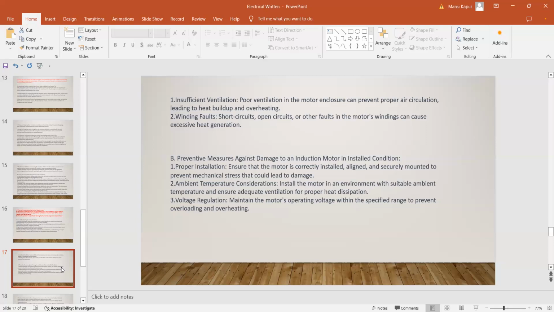Preventive measures against damage to the induction motor. So what all things can you do so that your motor will not get damaged? Proper installation: ensure the motor is correctly installed and aligned. Obviously, alignment is also a problem, especially with horizontal pumps, right? If they are not properly aligned, the motor is going to get overloaded, right?